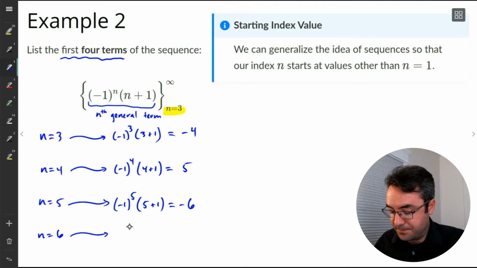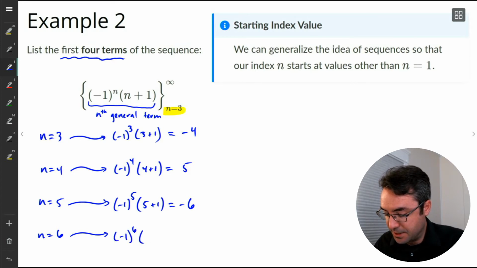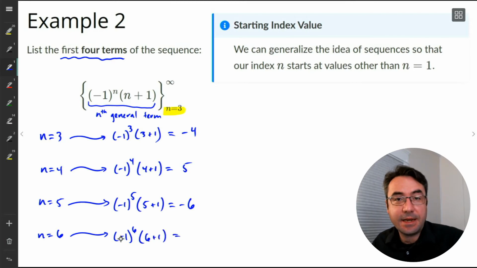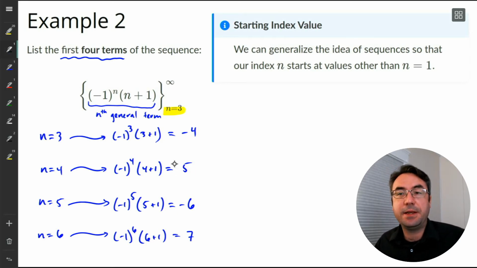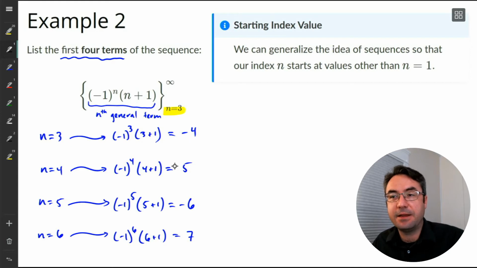And then finally, plug 6 in, we get negative 1 raised to the power 6 times 6 plus 1. And when we have a negative raised to an even power here, it becomes positive. So we just have positive 7. So this is something we're going to be seeing quite a bit here, this negative 1 to the power n term. And notice that's giving us this alternating negative, positive, negative, positive pattern.